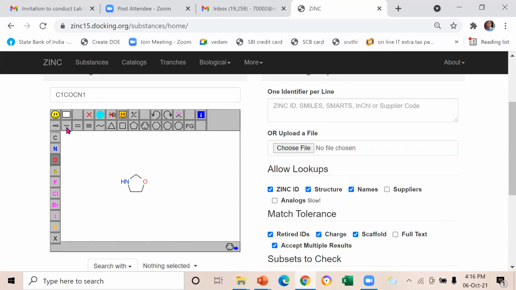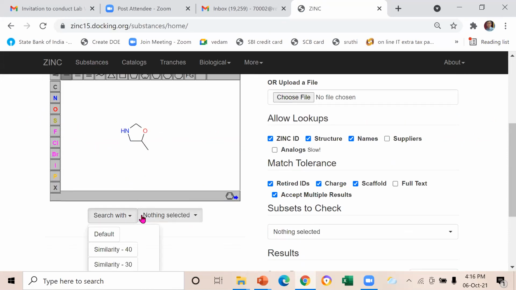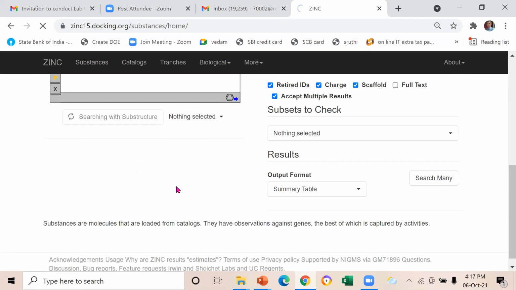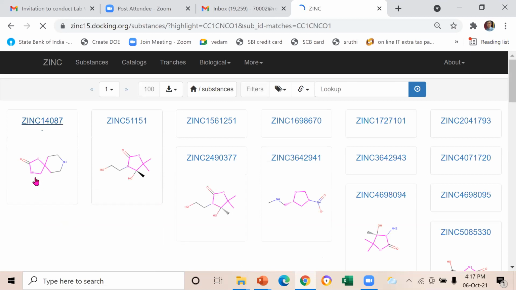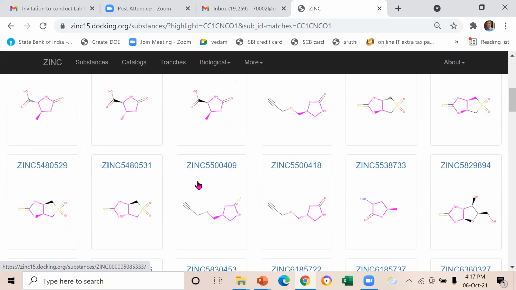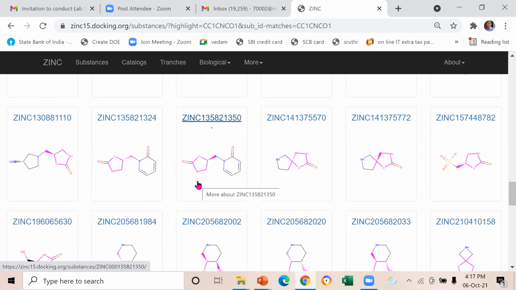So I am trying to see whether there are substructures with these types of heterocycles. Substructures. Okay, so it's coming up with the nitrogen oxygen heterocycle, and the ZINC database is coming up with a lot of molecules possible. So that's the beauty of the ZINC database.